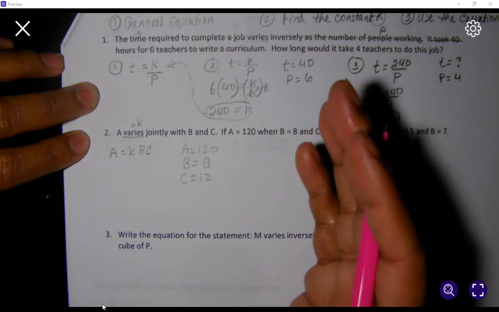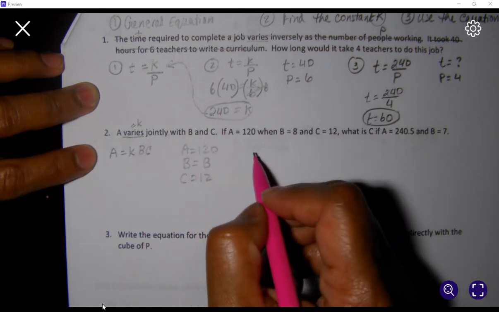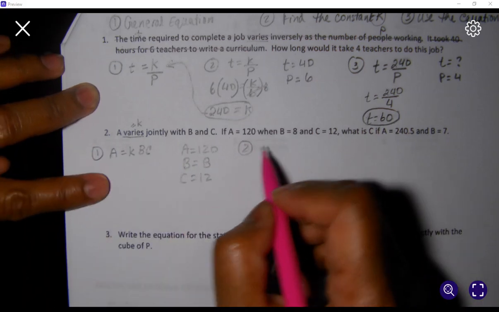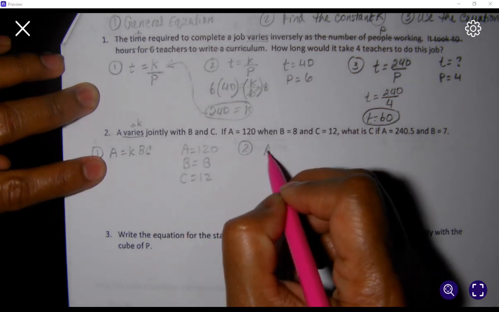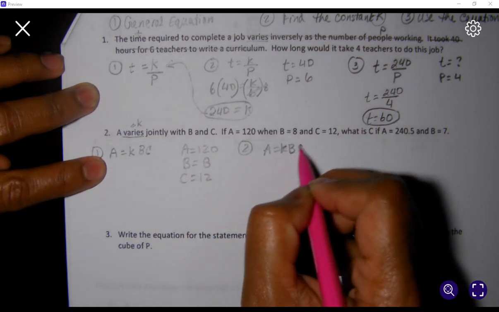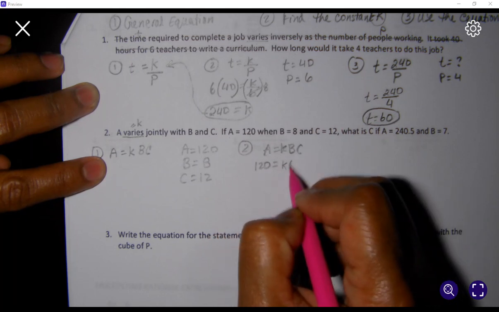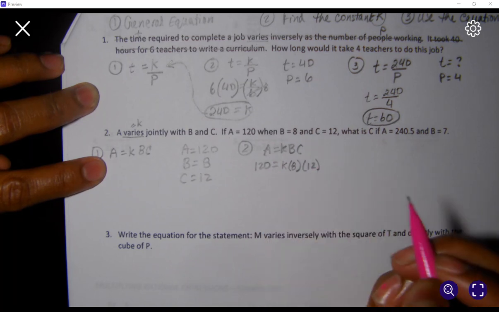I'm going to stop here because I can plug all these numbers in and find what K is. Here's your first step, and here's your second step to find the number. So A is 120, and you have K times B is 8, and C is 12.